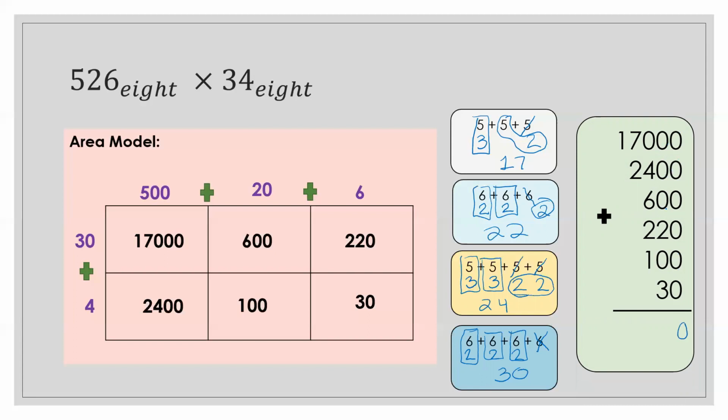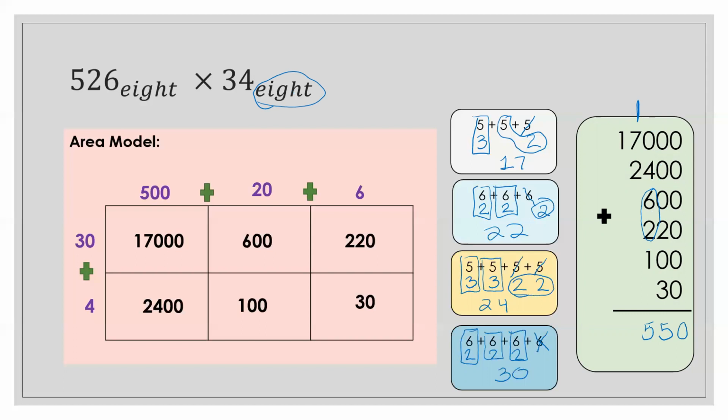And then in the second place value, 2 plus 3 is 5. Okay, and remember we are in base 8, so we're making groups of 8. So here I have a group of 8 that moves up to the next place value. And then I have 5 singles left.